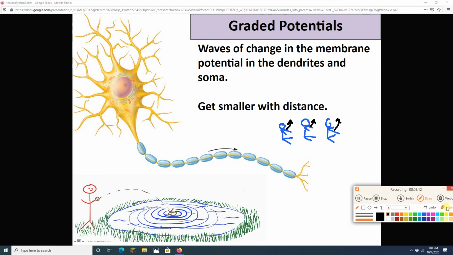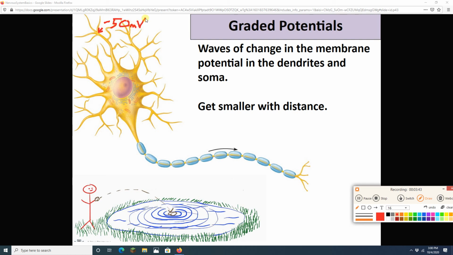Okay, what is the normal resting membrane potential? Do you remember? It is negative 70, right? So at this spot right here, at rest, it's going to be negative 70 millivolts. All right, let's say something happened to this neuron at this same spot, and all of a sudden the membrane potential became negative 50. So it increased.